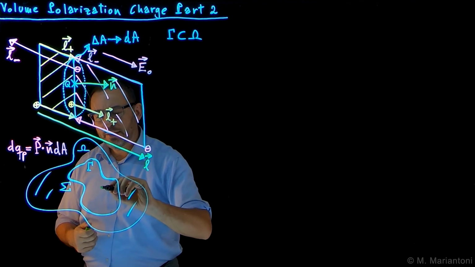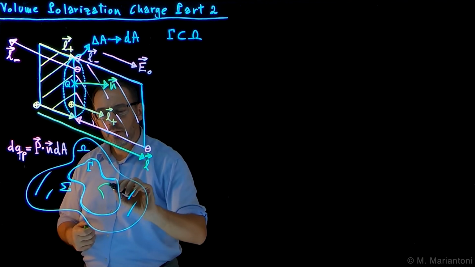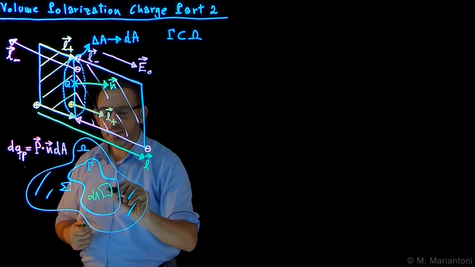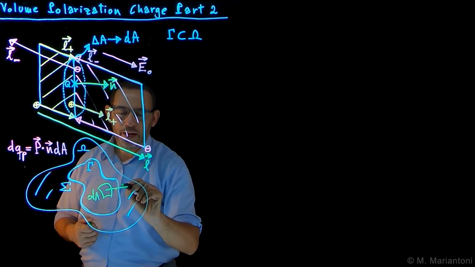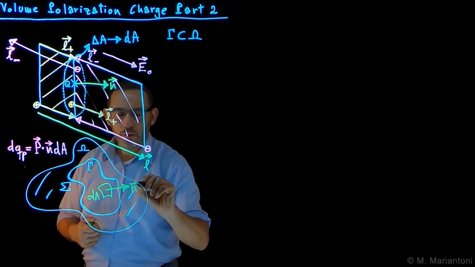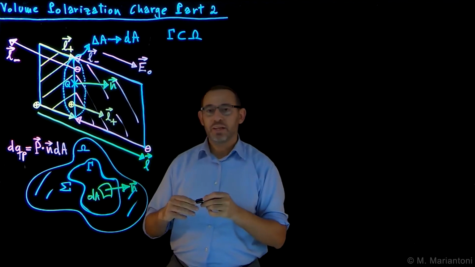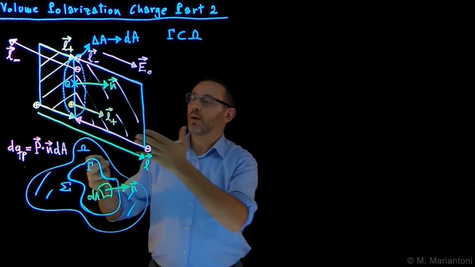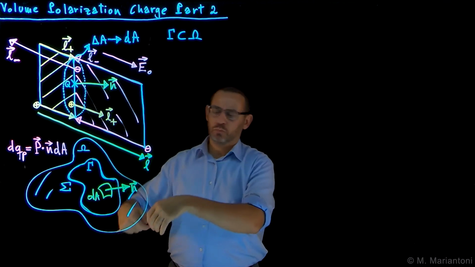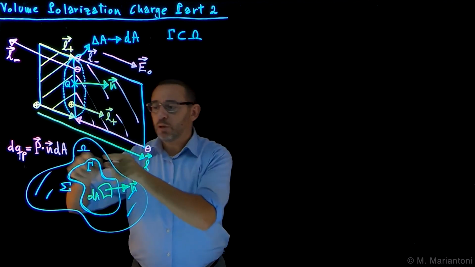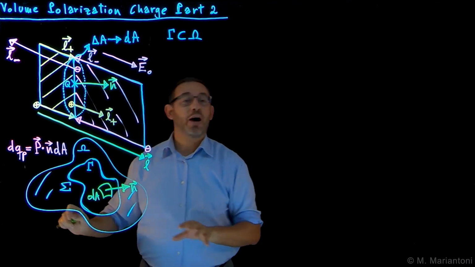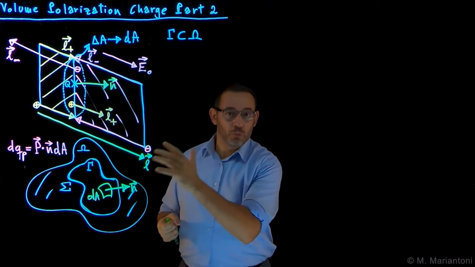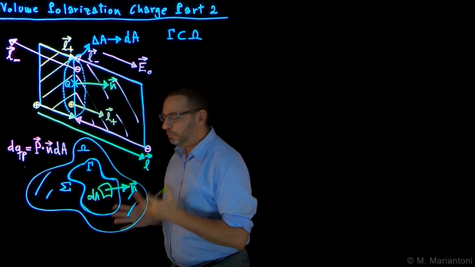So if I take an infinitesimal area element here, of area dA, its orientation will be given by n, which we choose to point from within capital gamma to the rest, which is capital omega minus gamma, this region outside, okay? Points outside capital sigma. It's just a definition, and that's what we want to use here.